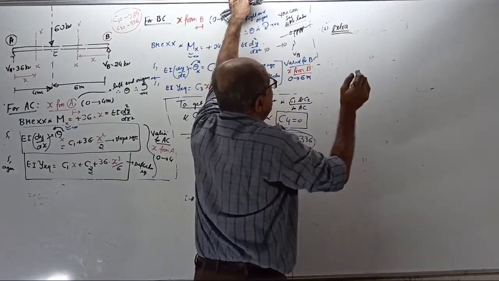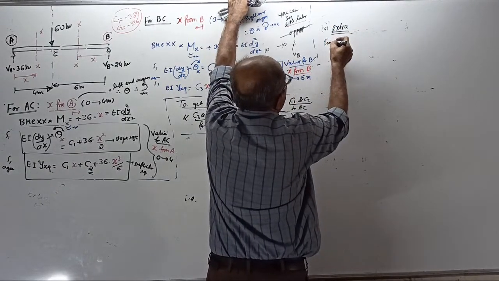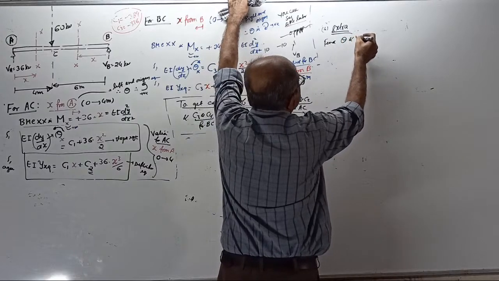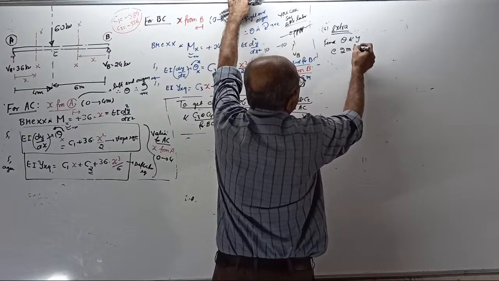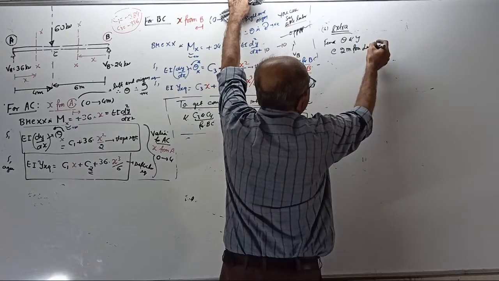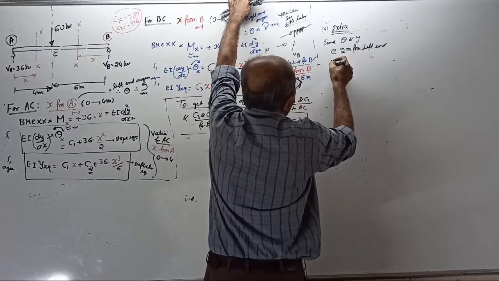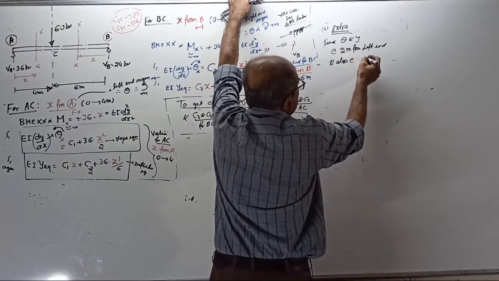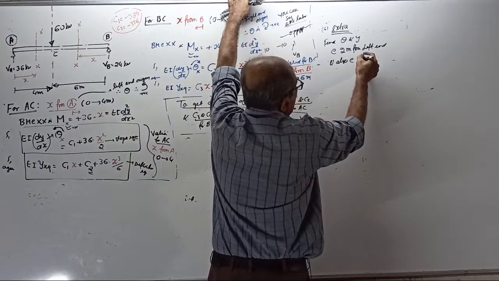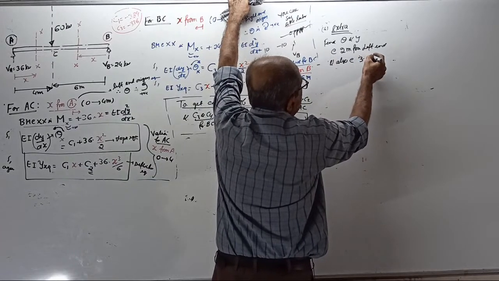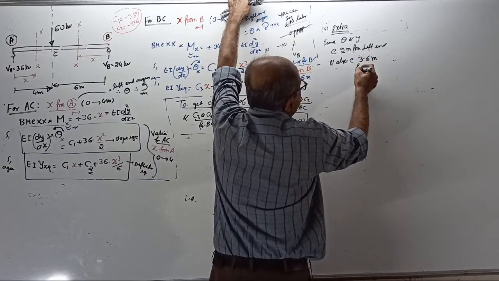To understand, see, extra. Find slope and deflection at 2 meter from left end, and also at 3.6 meter from right end.